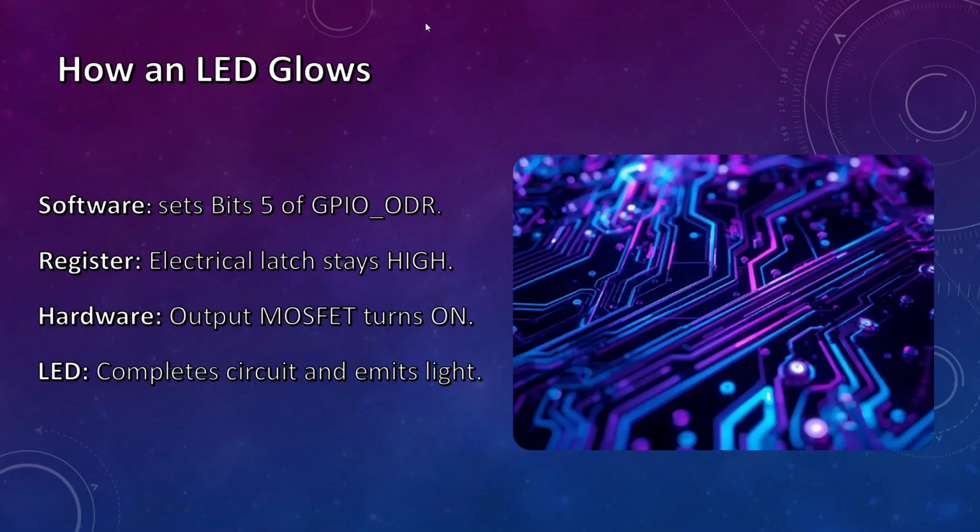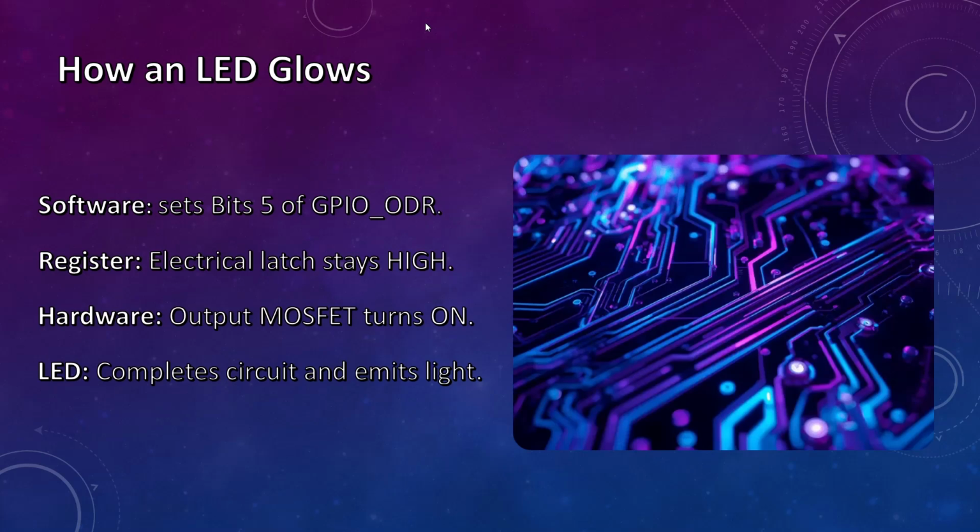When software changes that resistor value, the GPIO hardware notices that change. Okay, and then the pin changes its state from on to off or off to on. Notice something important. The software never directly talks to the LED.